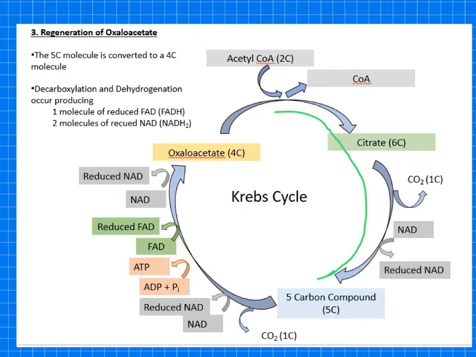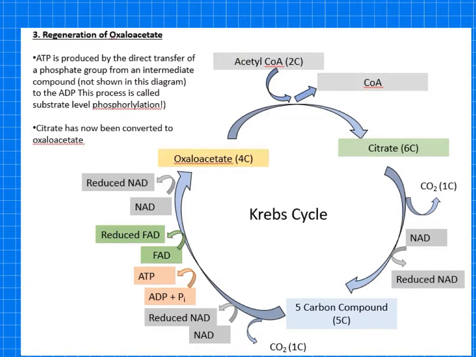So the 5-carbon molecule is now converted to a 4-carbon molecule via the following processes. Again you get decarboxylation going on, and also you get reduced NAD. In fact, 2 molecules of reduced NAD being produced, 1 molecule of reduced FAD, which is another coenzyme, and most importantly the production of ATP.